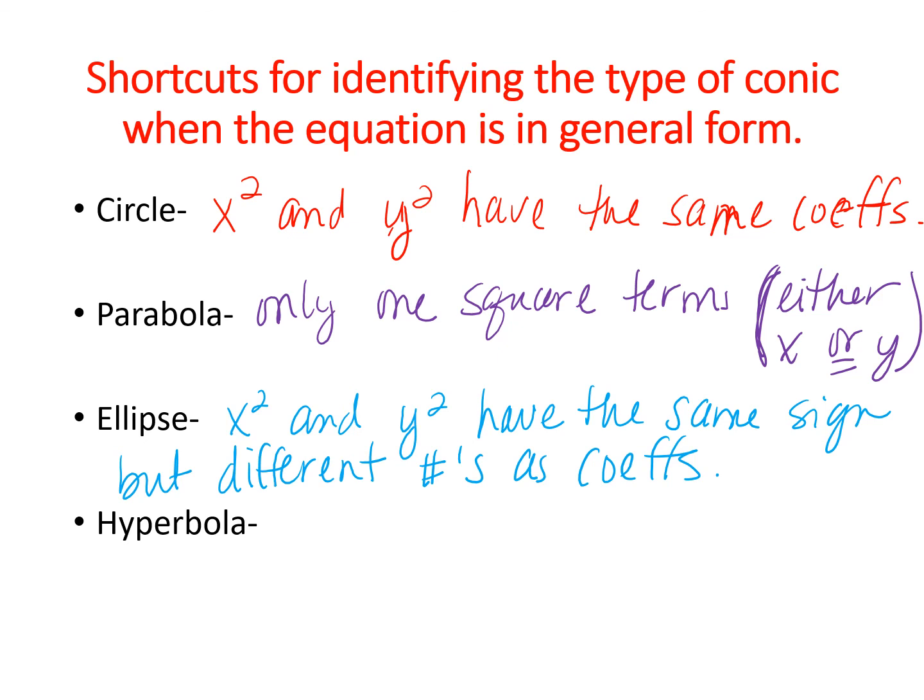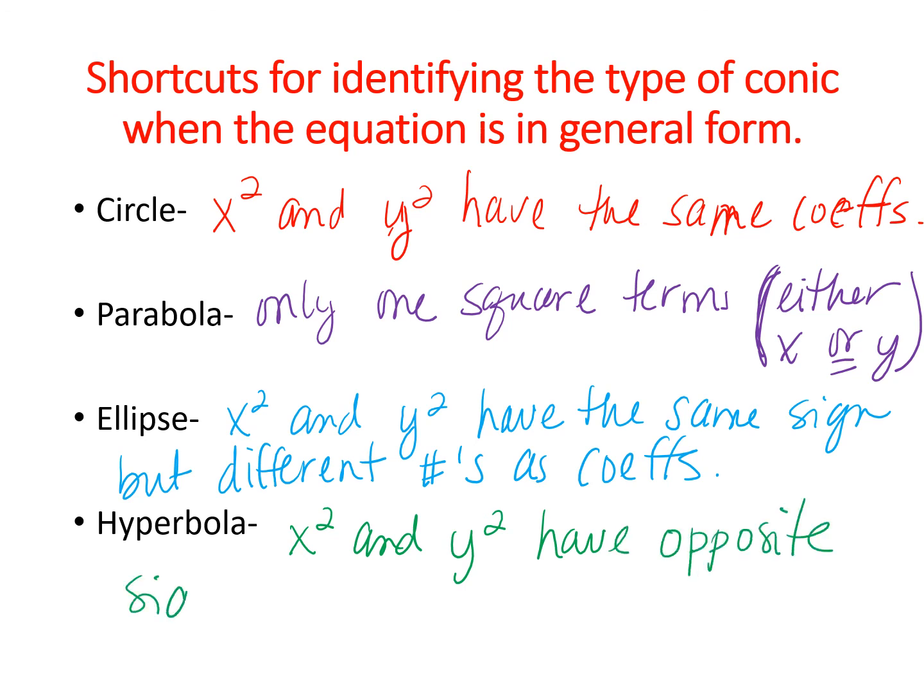And then last but not least, for the hyperbola, the x squared and y squared will have opposite signs. Sometimes the values of the coefficients might be the same number but opposite signs, or they could be different, but the key is that they have opposite signs.